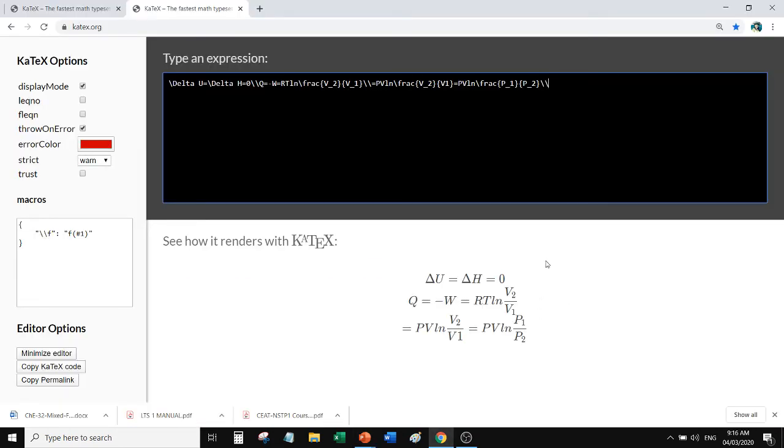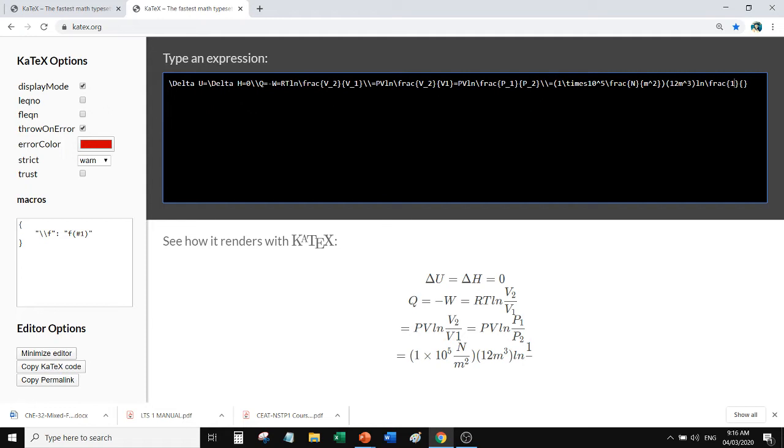Let's substitute the values. P is 1 bar, and 1 bar is 1 times 10 to the 5 Newton per meter squared, times the volume 12 meter cube, times ln P1 over P2.